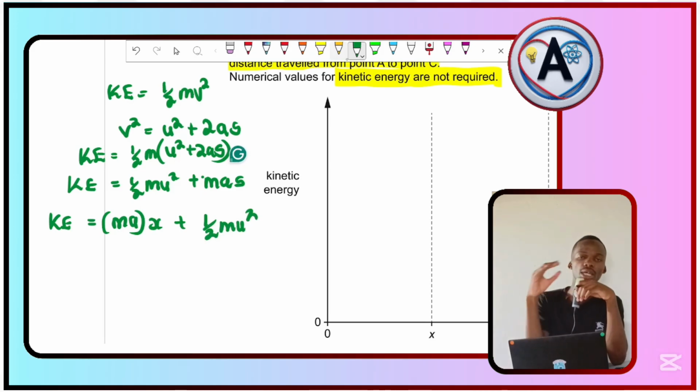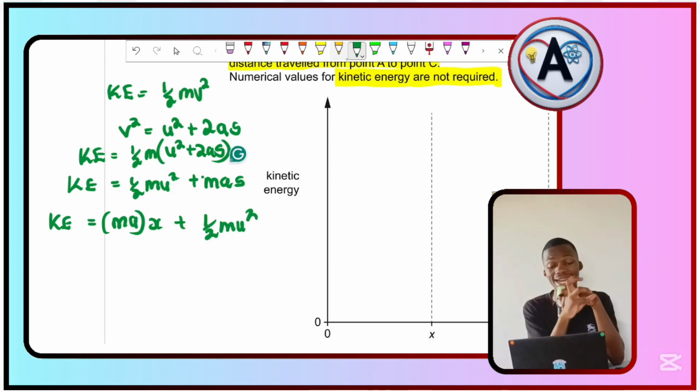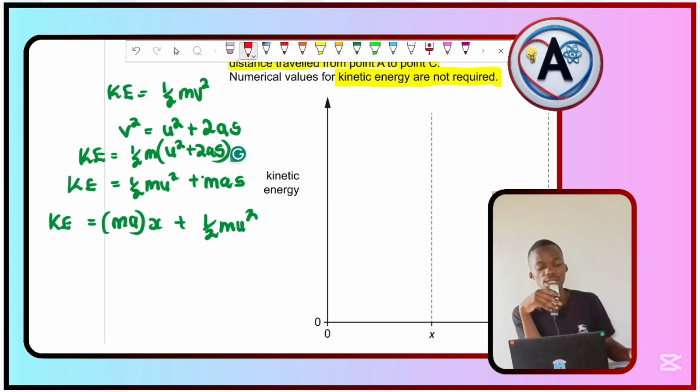I'm just substituting an equation to see the relationship between kinetic energy and x. And you can see that this is a straight line relationship, a line with a gradient of ma and a y-intercept of half mu squared. So this is an equation of a straight line.